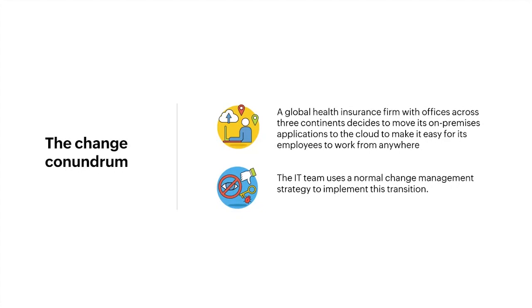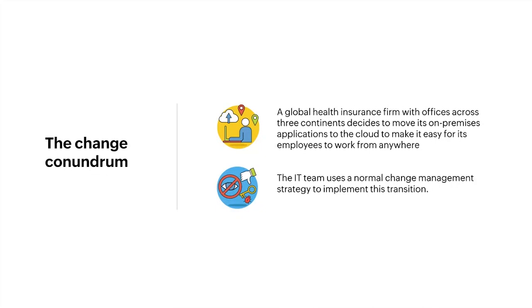So in these kind of situations, it gets really hard when employees or your users need to access your on-premise applications, right? So they need VPNs, and it gets really complicated. So in this case, our health insurance firm, since they had users across the world, they wanted to move their on-premise applications to the cloud so that it's easy for their employees to access them and work from anywhere.